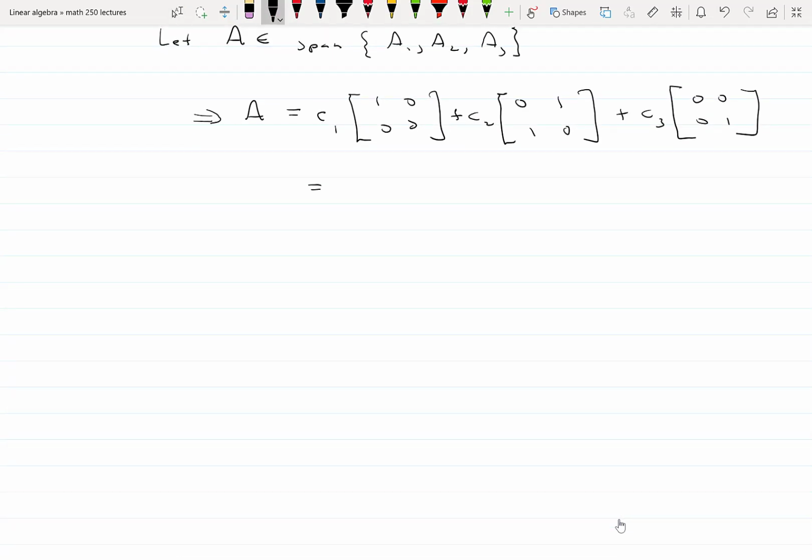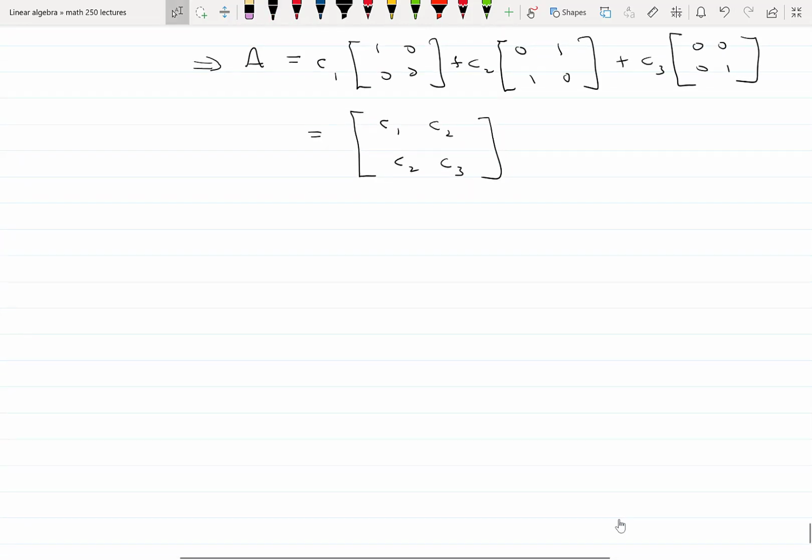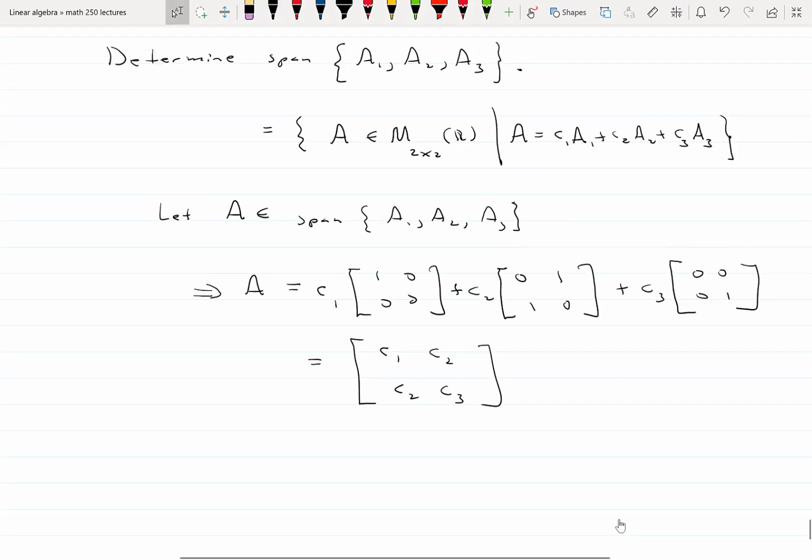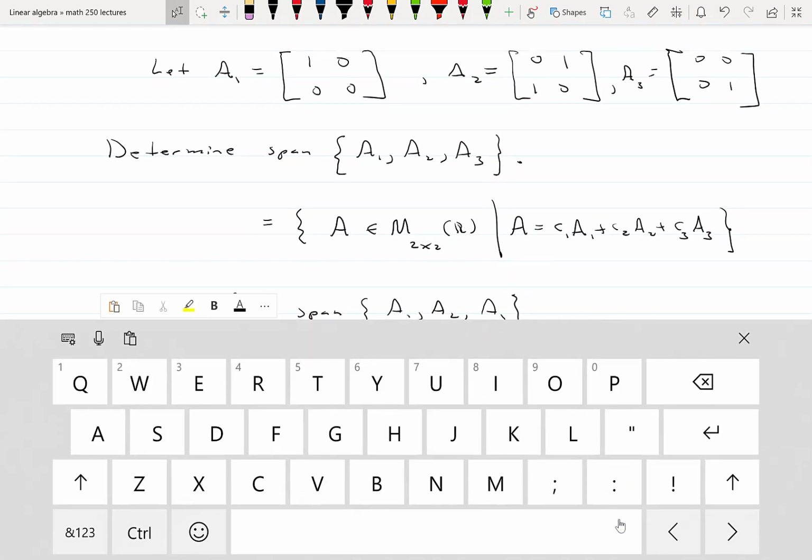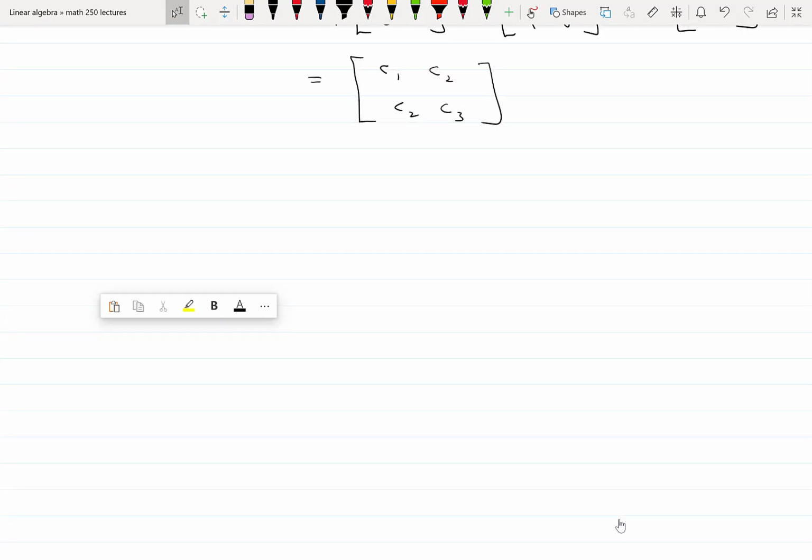Now let's perform this matrix arithmetic. This is nothing more than a matrix with C1, C2, C2 on the other diagonal, and C3. So I picked something out of the span of those three matrices, and it must look like matrices of this form.